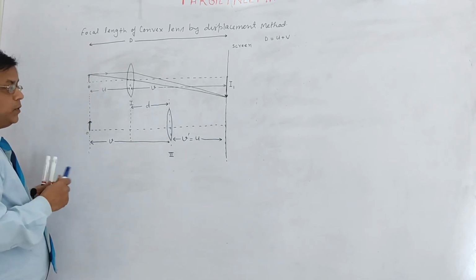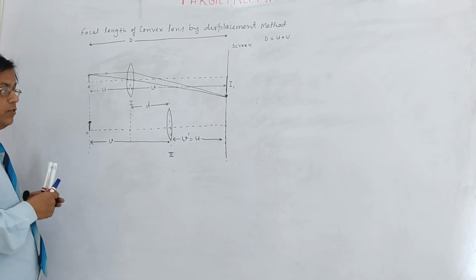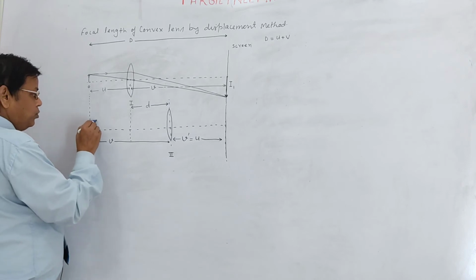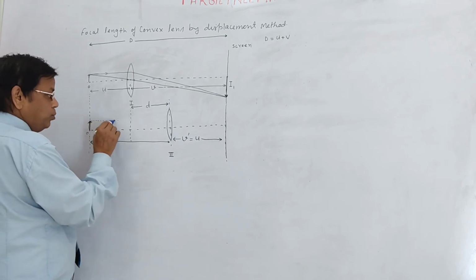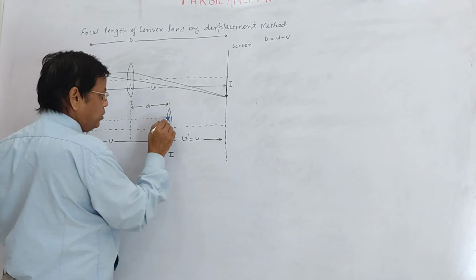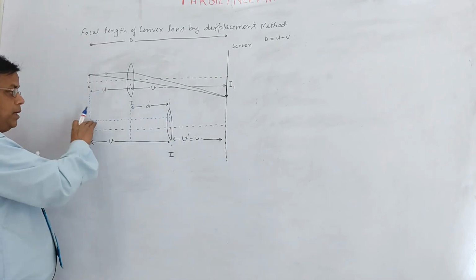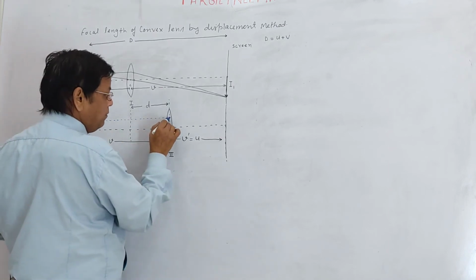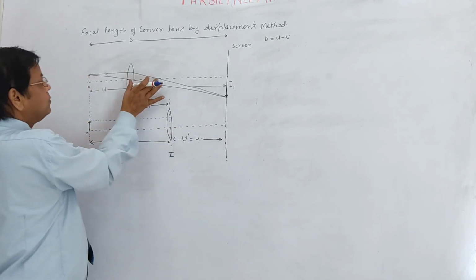And again this lens will be forming an image on the screen in the same way. Suppose the ray which is parallel to the principal axis, though it should be a solid ray, just to make it clear I am making it a dotted ray, but it should be solid. It will go through the focus.